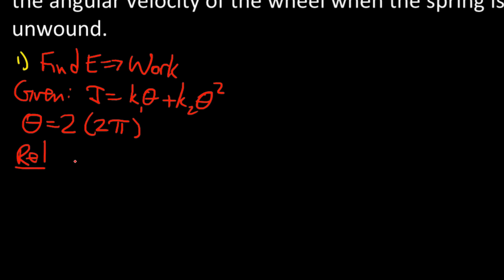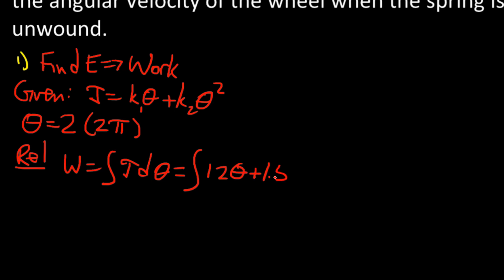Our relationship is that work is equal to the integral of torque d theta, and our torque is changing with theta because we have a fairly complicated relationship. I'm going to leave the units off for right now, it makes it a little easier to see. 12 Newton meters per radian theta plus 1.5 theta squared d theta.